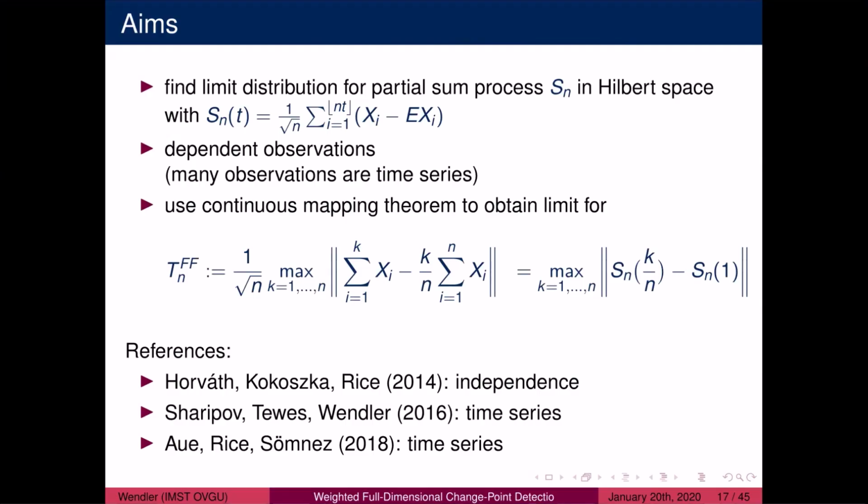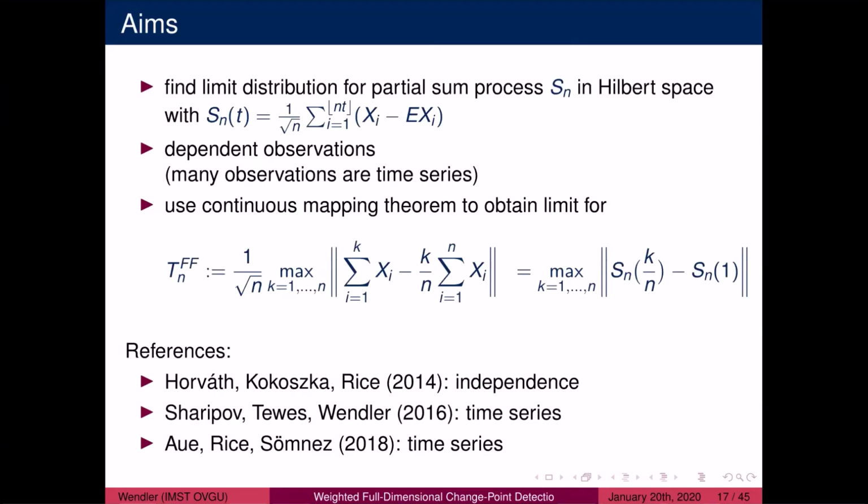So now that's the first aim. We will find the limit distribution for our partial sum process. Then typically we have to deal with time series. We need observations over time to talk about the change point problem anyway.